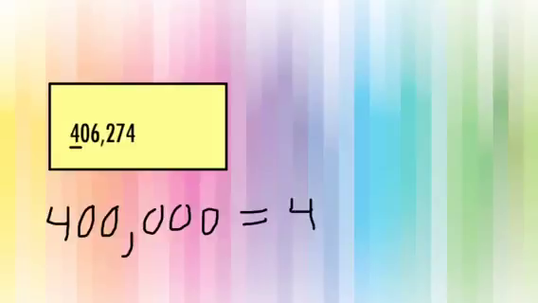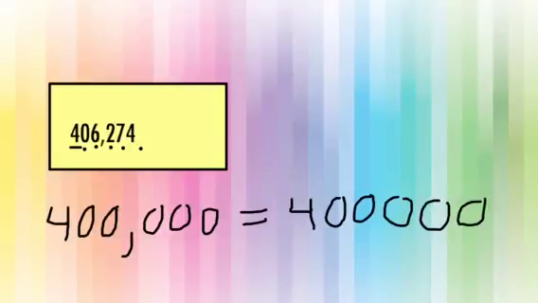Then I count how many digits are after the 4 that's underlined. 1, 2, 3, 4, 5. There are 5 digits after, so I'm going to add 5 zeros. And then I make sure to put a comma. Both are equal, so both are okay.